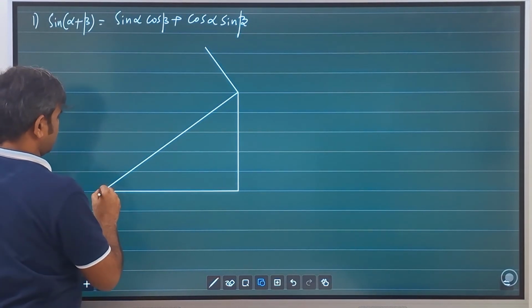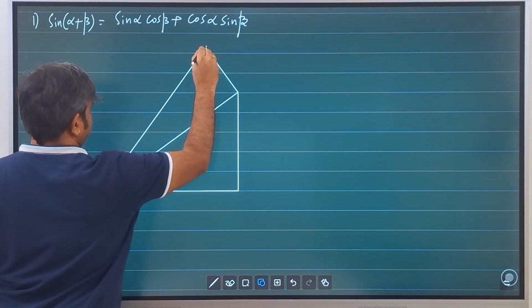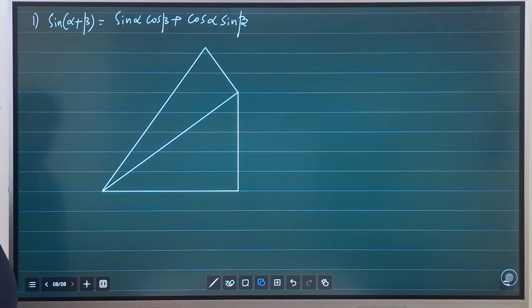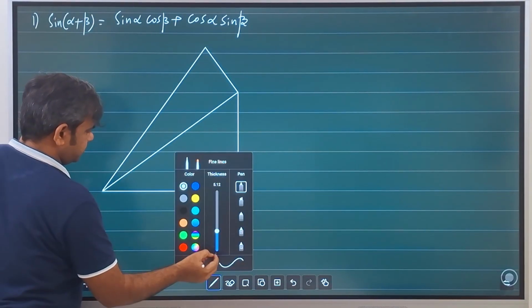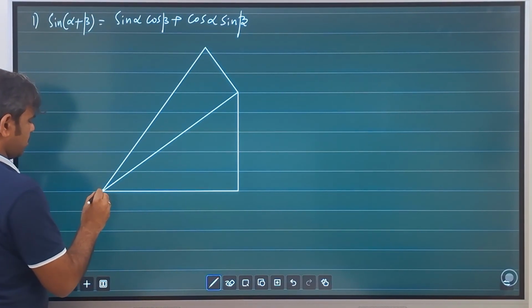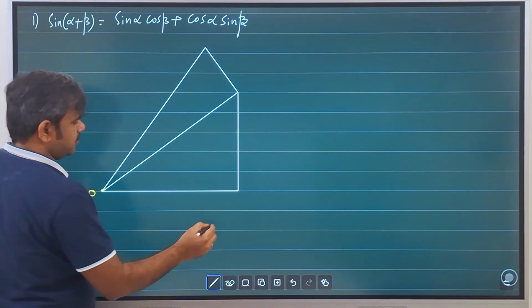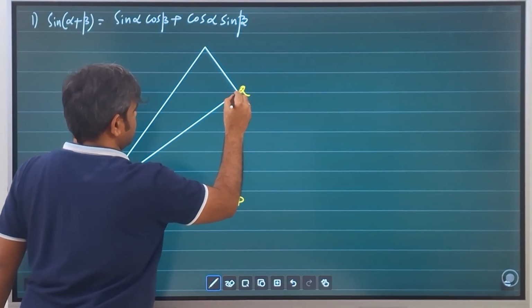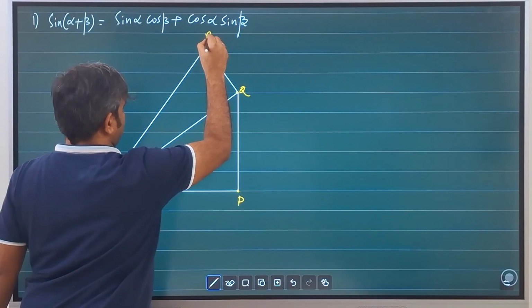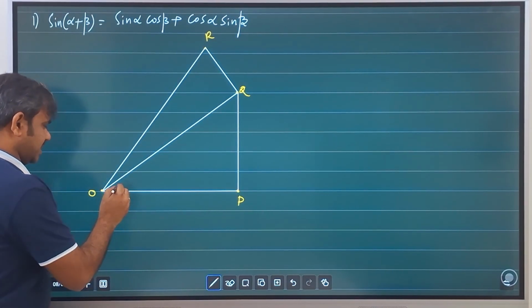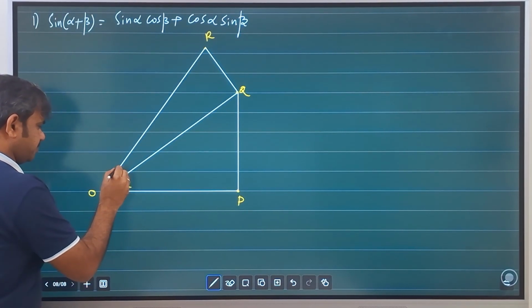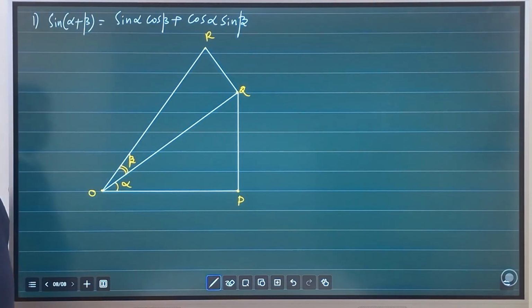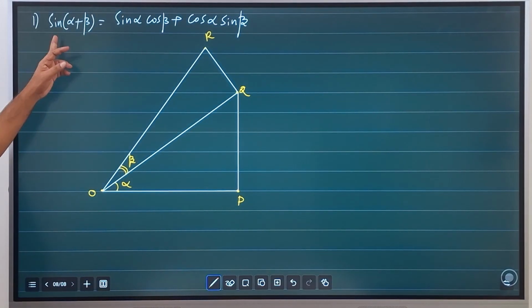I will draw one more right-angled triangle here. So we have two right-angled triangles. Let me call this point O. This is P. This point is Q, this vertex. This is R. This angle is alpha. And this angle is beta. We are going to derive this equation.